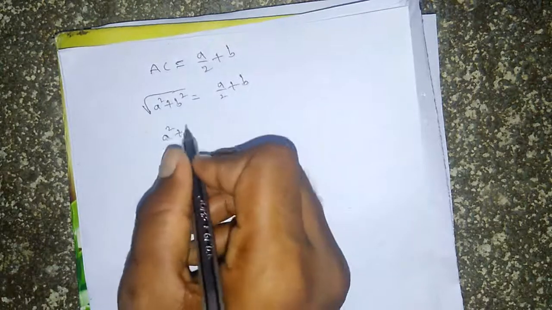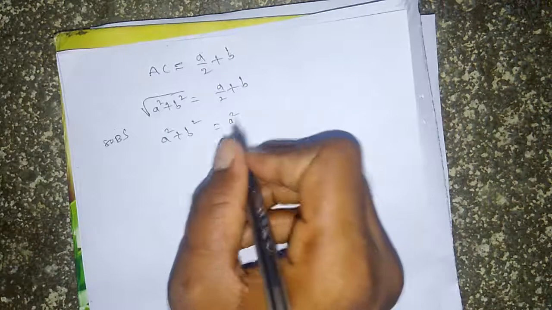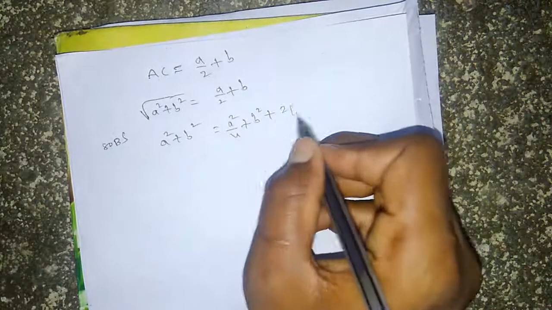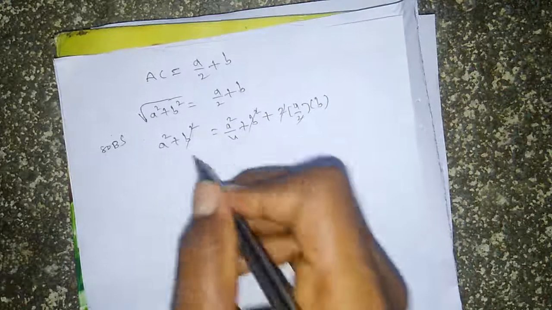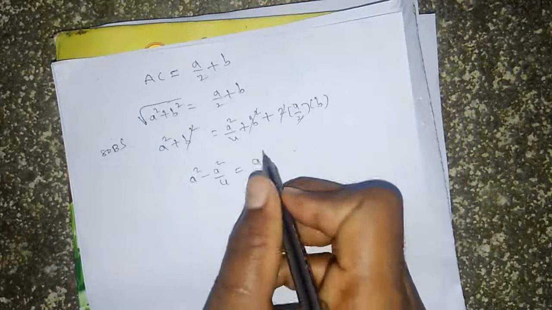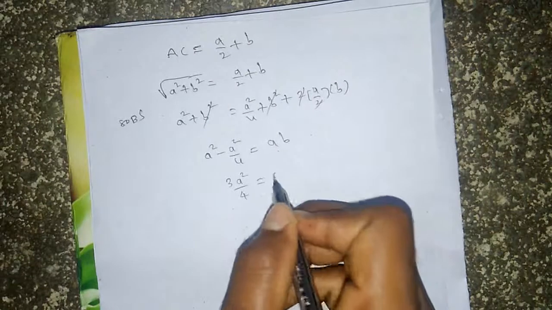Squaring on both sides, this is A square plus B square is equal to A square by 4 plus B square plus 2 into A by 2 into B. 2 gets cancelled, here B square gets cancelled. A square minus A square by 4 is equal to AB. 3A square by 4 is equal to AB. Here A gets cancelled.